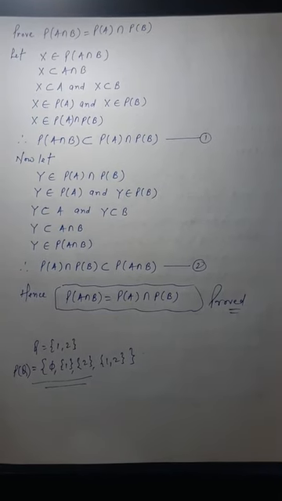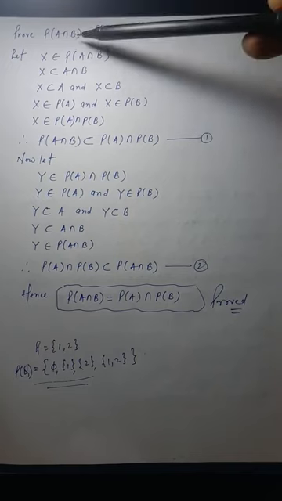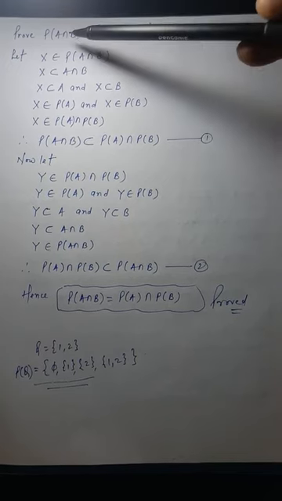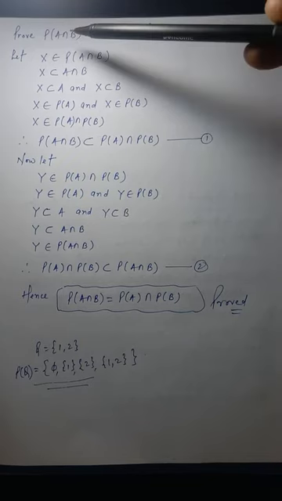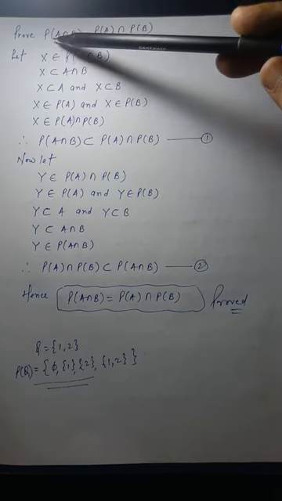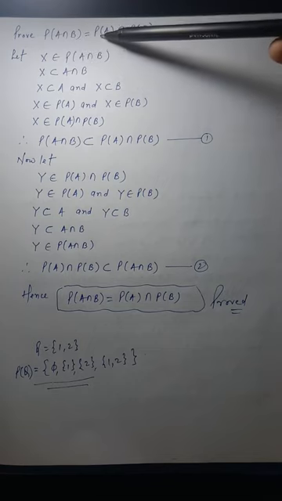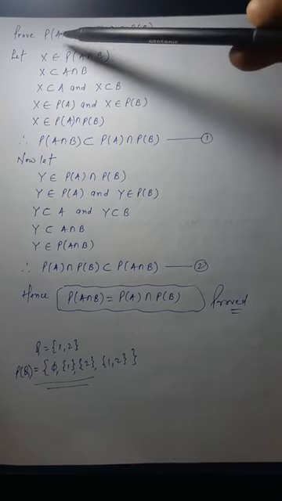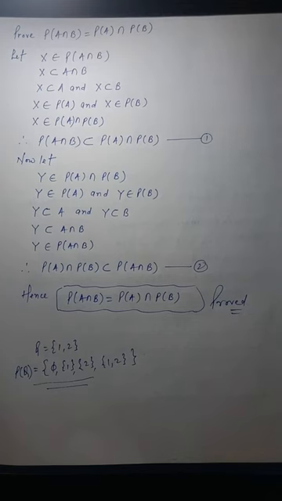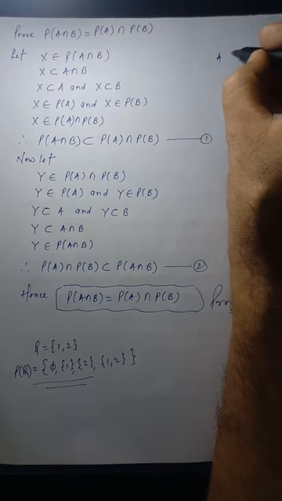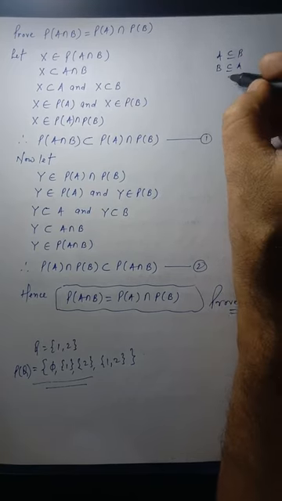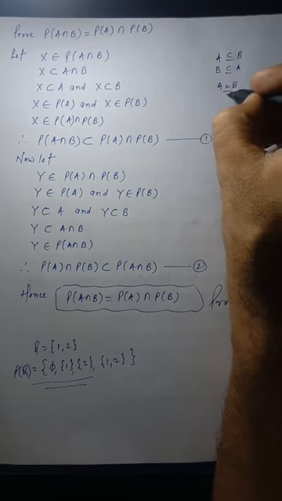Now we want to prove that P of A intersection B is P of A intersection P of B. The concept is the same. For equality of two sets, prove that P of A intersection B is a subset of P of A intersection P of B, and in the same manner P of A intersection P of B is a subset of P of A intersection B. Like if we prove that A is a subset of B and B is a subset of A, then we say that A and B are equal.